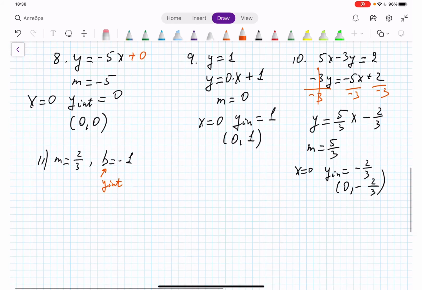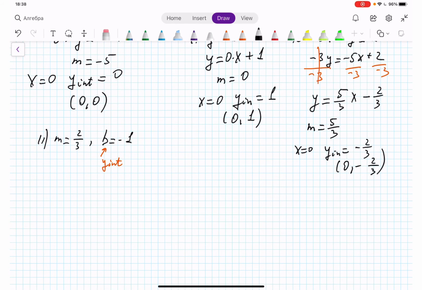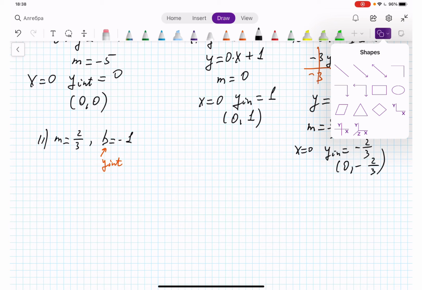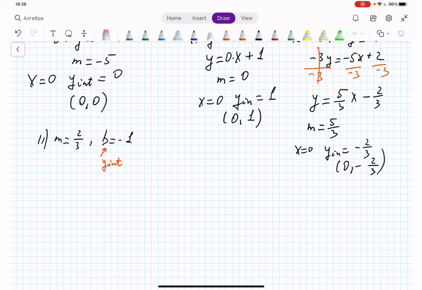How are we going to graph the line? Very easy. We are going to start graphing with the intercept. So b is equal to negative 1, and since b is our y-intercept, I'm taking, let's say, two cells, it's going to be (0, negative 1).